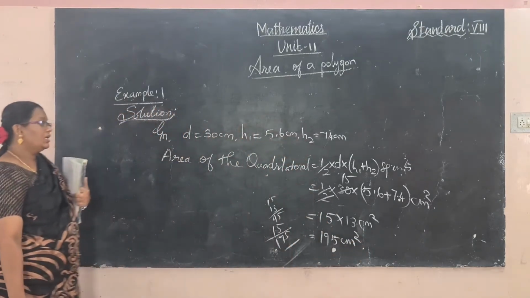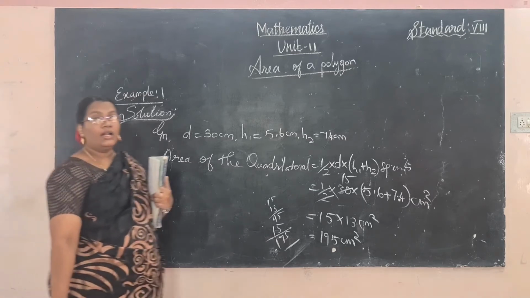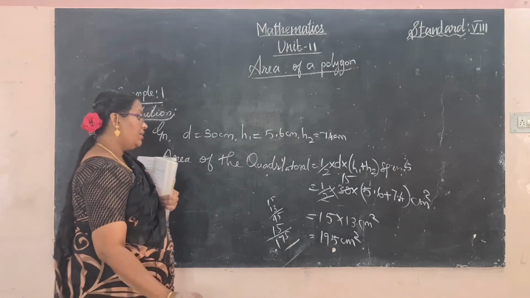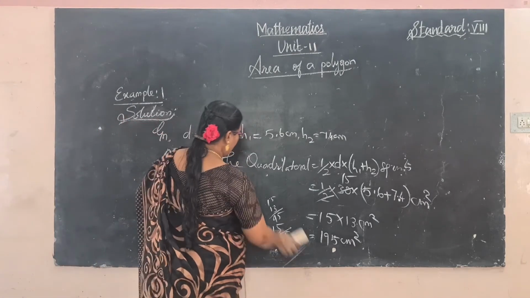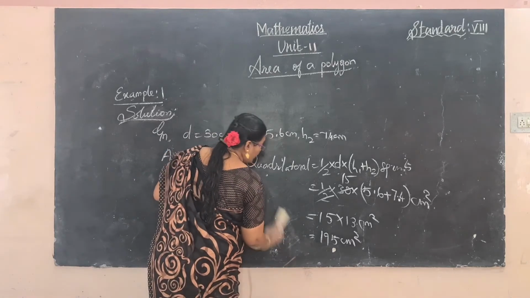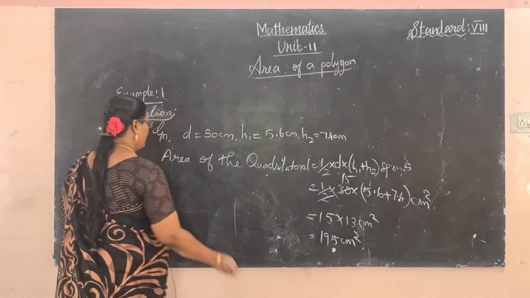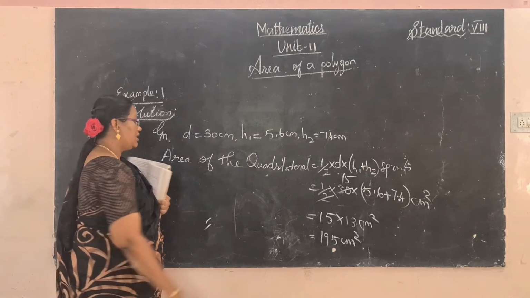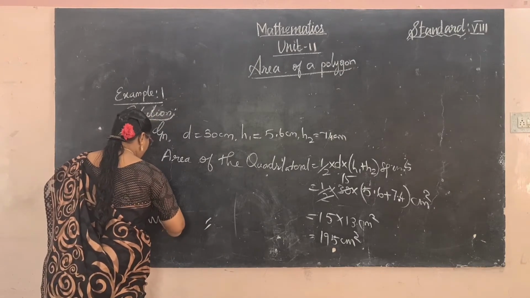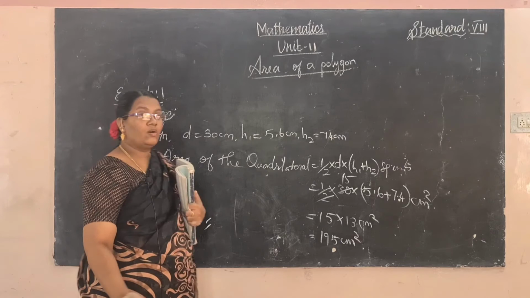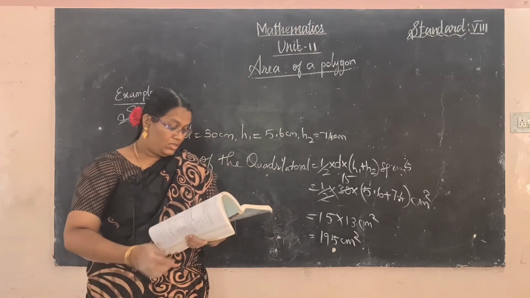Okay, so area of the quadrilateral is 195 centimeter square. Thus the area of the quadrilateral is equal to 195 centimeter square.